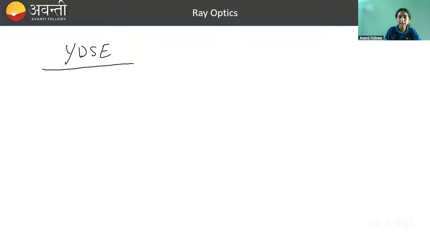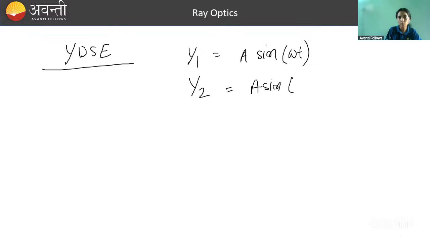So if we have two waves, let's say one wave is this A sine omega t, and another wave is this A sine omega t plus phi. What you will talk about its phase difference. So phase of the first wave is what is omega t, and phase of another wave is omega t plus phi. So phase difference is here nothing but phi.